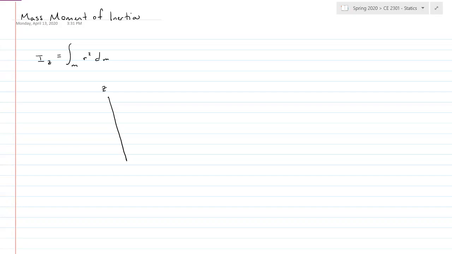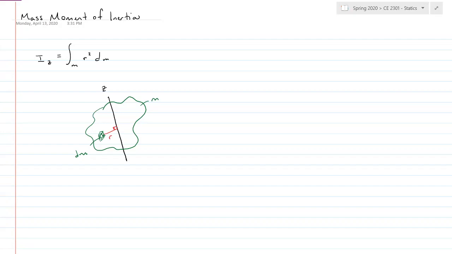And for those of you that like pictures like me, here is my axis Z with my big blobby mass M. And we're going to have a volume cube here that is dm, that is acting at a perpendicular radius r.